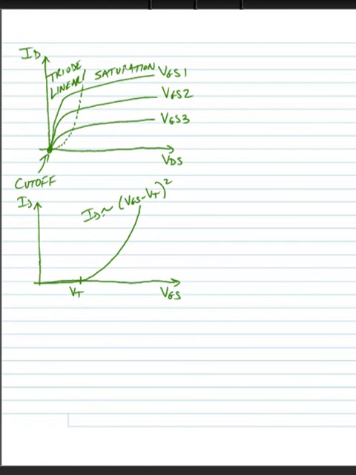We'll come back to these curves in a moment to find the small signal model parameters. But in the next part of the lesson, we'll learn about the regions of operation and what voltages define those regions of operation and what's happening physically inside the device in those regions of operation.